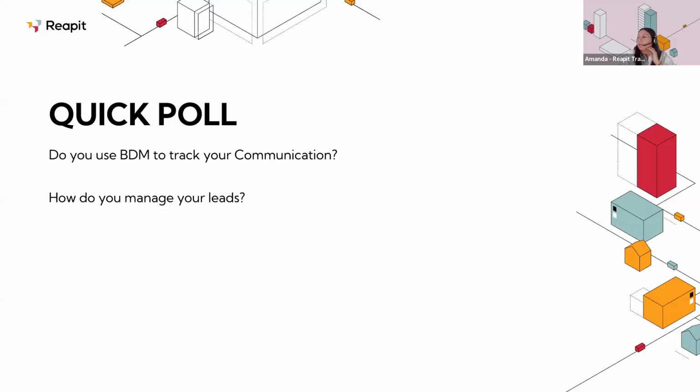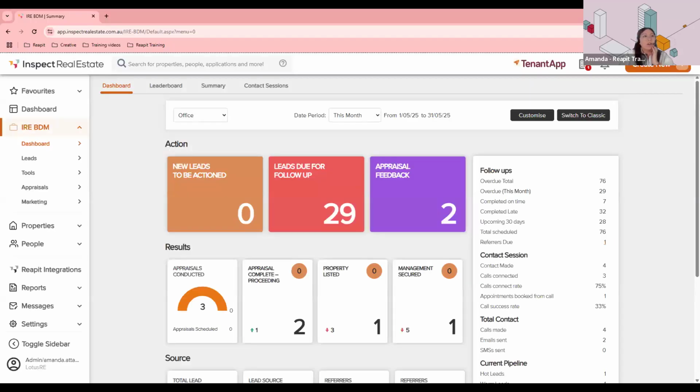Wonderful. All righty. So let's go straight into how do you manage your leads. So are you looking at your leads on a daily basis, sending communications from the lead, or as we've just seen with the poll, some are still using other platforms to do this? Think about IRE BDM as your one-stop platform to manage your lead from start to finish.